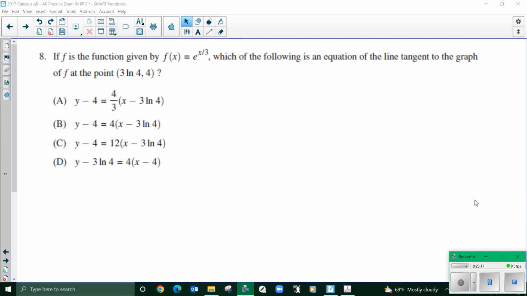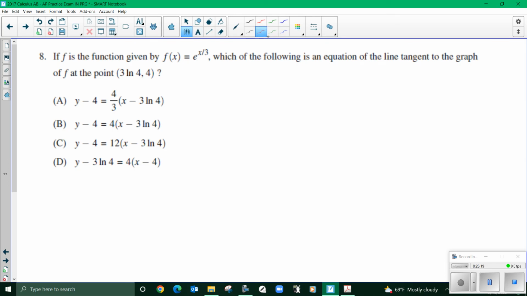I tell my students, anytime they ask you for the equation of a line in calculus, we are going to use y minus y1 equals m times x minus x1. Here is your x1, and here is your y1. I'm not creating fractions, I'm just telling you that's y1 and x1.